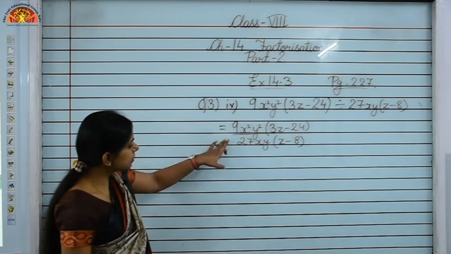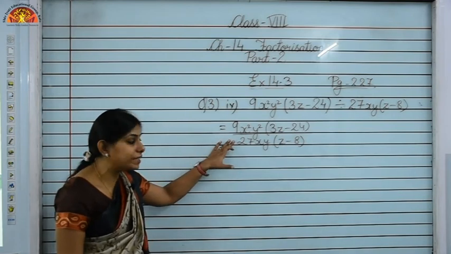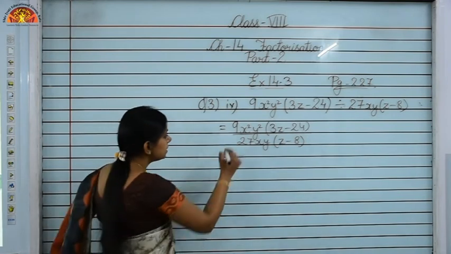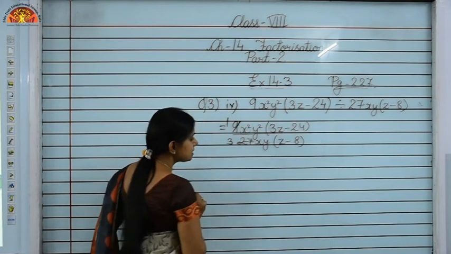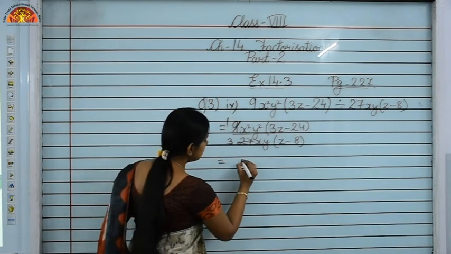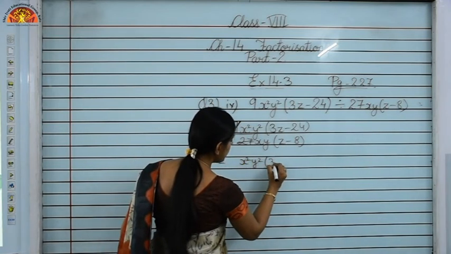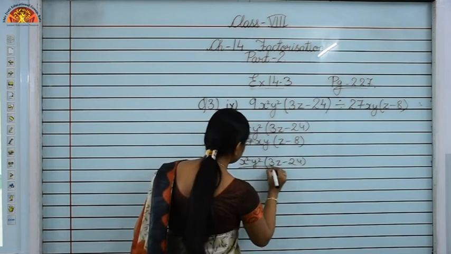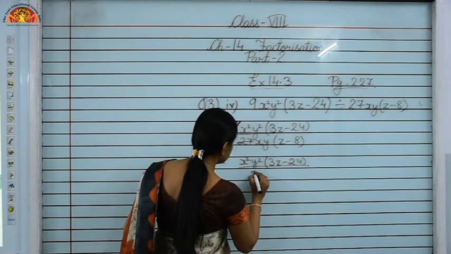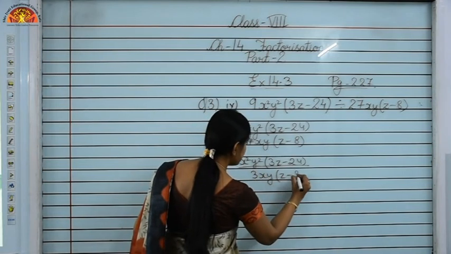Now you can see, children, that in the numerator it is 9 and in the denominator it is 27. So you can just simplify it. So 9 ones are 9, 9 threes are 27. So we can write here, that is x square y square into 3z minus 24 upon 3xy into z minus 8.